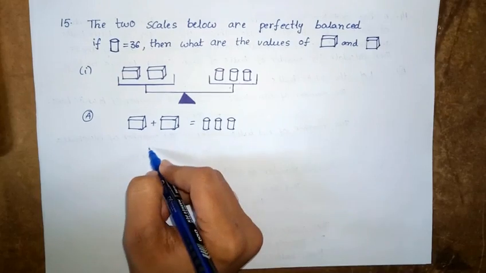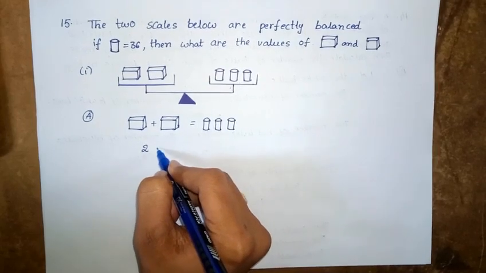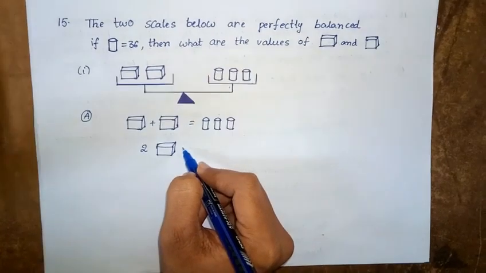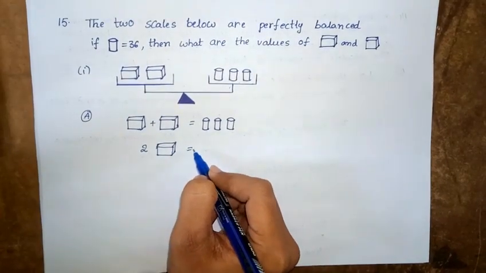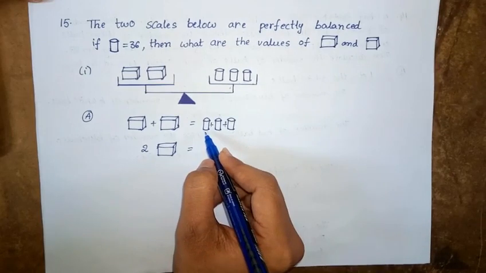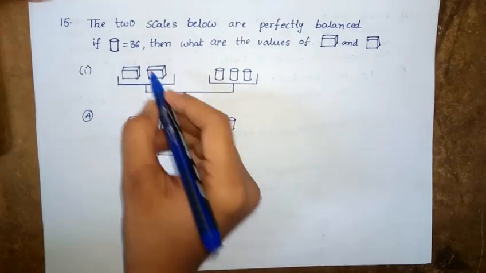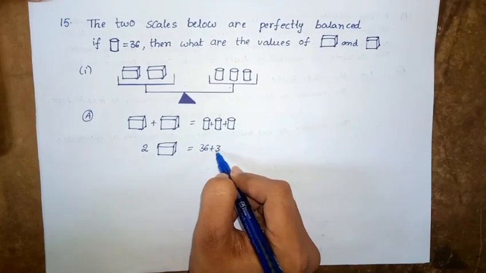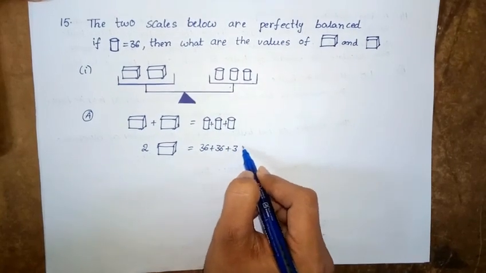Two rectangles equal 2 into rectangle. In the problem given, each cylindrical shape is 36. So substitute here: 36 plus 36 plus 36.